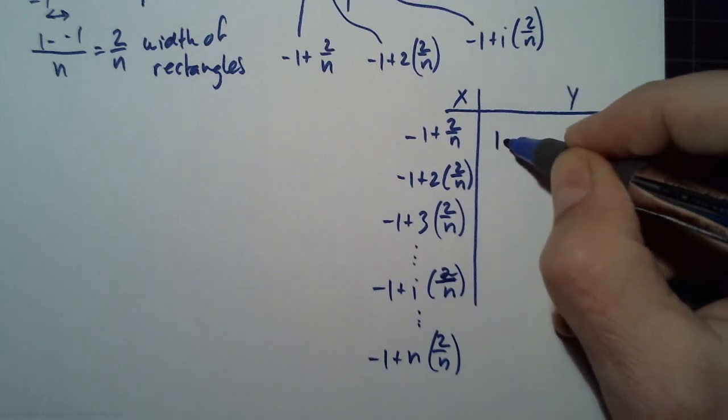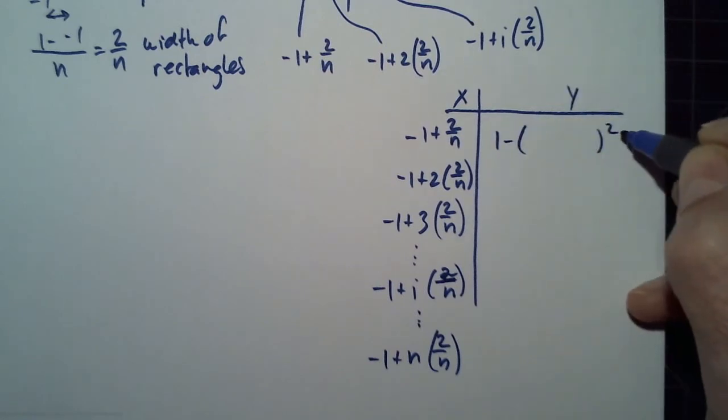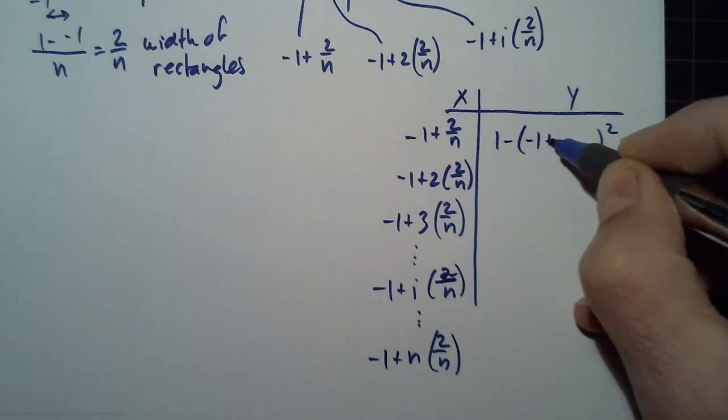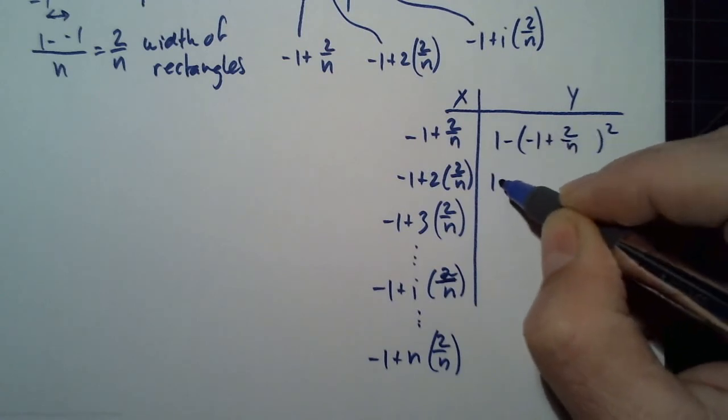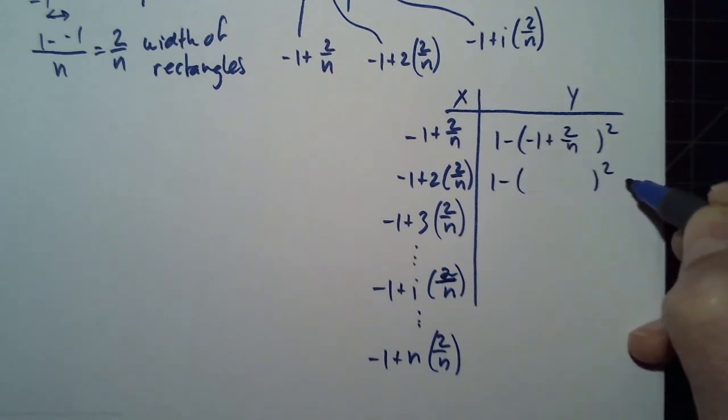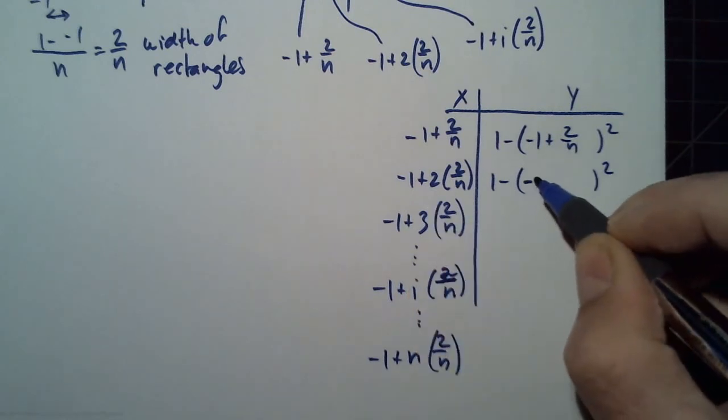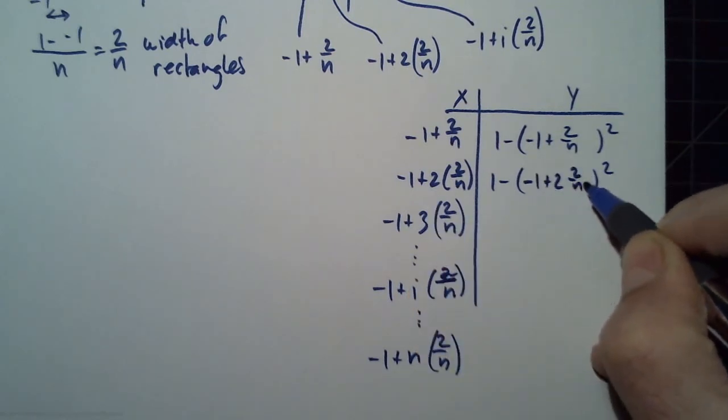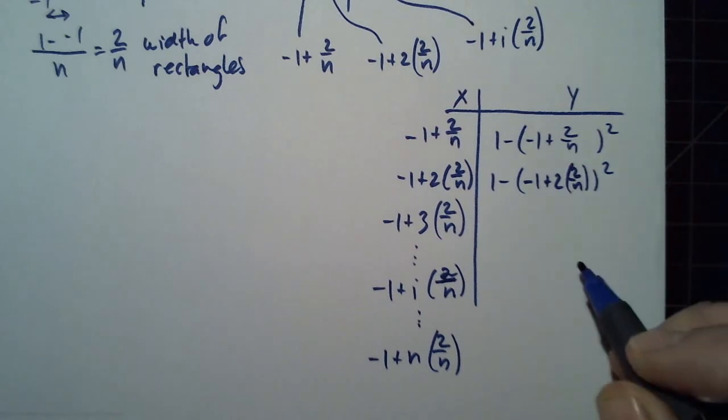All right, then we have to find y values. So that's going to be 1 minus x squared, and x is that. Okay, we can continue.